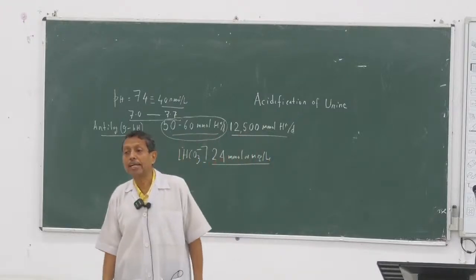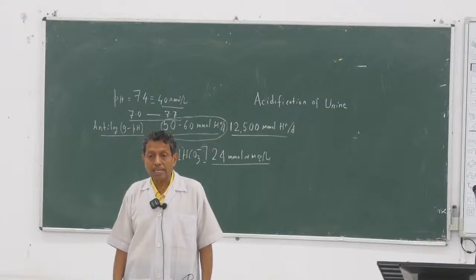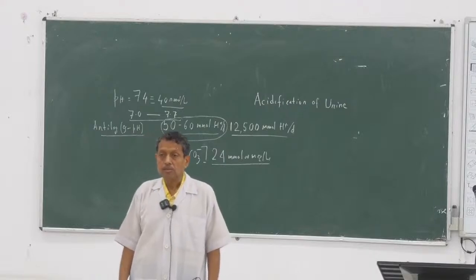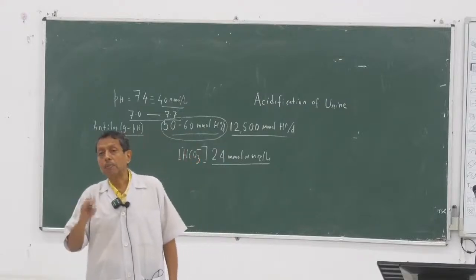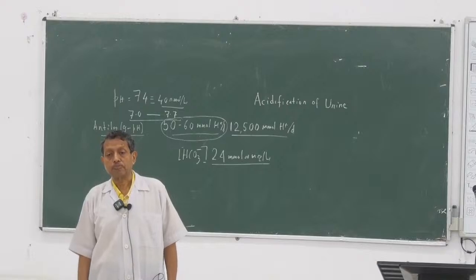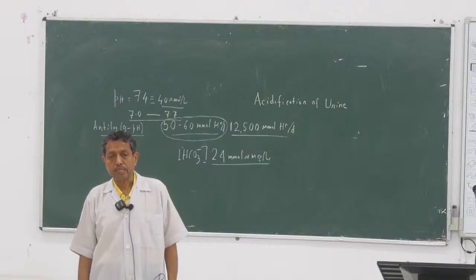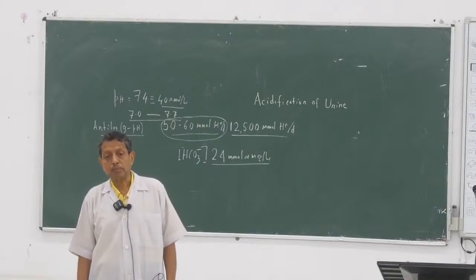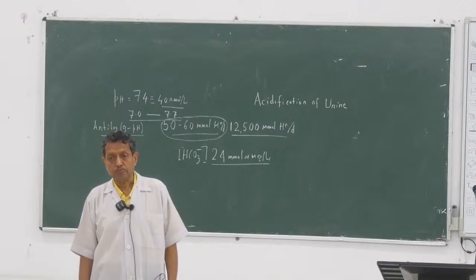So you can calculate the filtrate load of bicarbonate. Normally, all the bicarbonate is reabsorbed. In health, urine does not contain much bicarbonate ion. Completely reabsorbed, primarily from the proximal tubule.